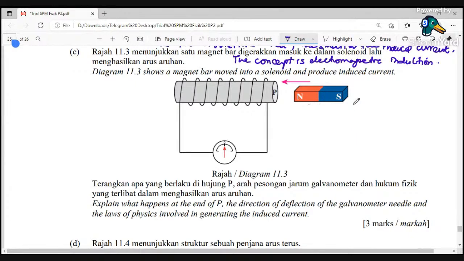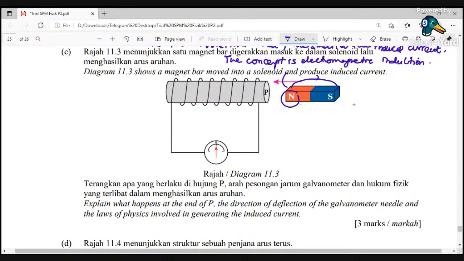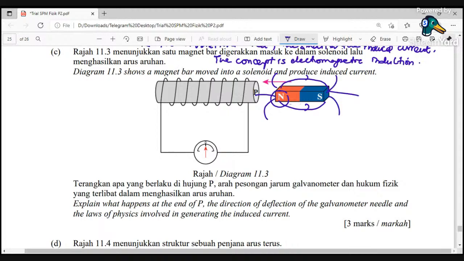So when moved to NP, what happens to P? Okay, for this bar magnet, there are flux lines. So you move the north pole towards NP, the solenoid will cut this magnetic flux of the bar magnet.